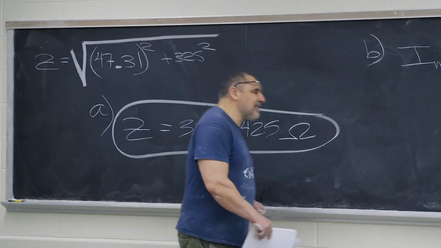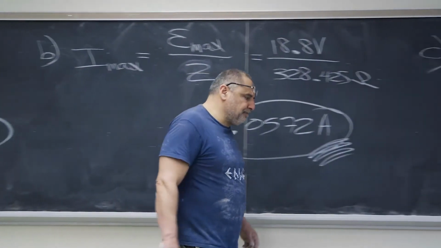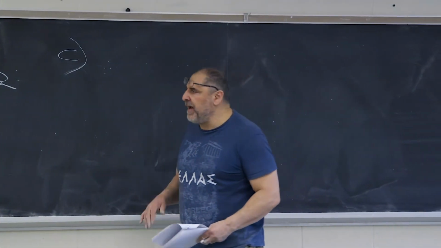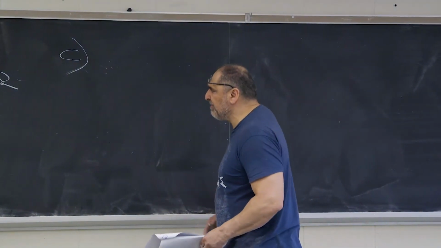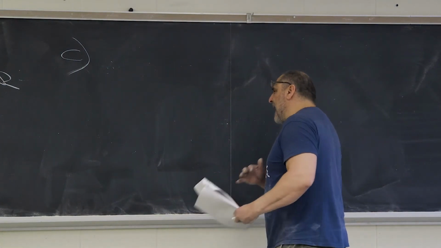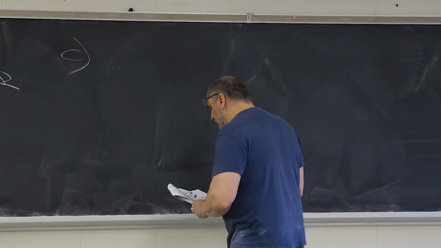The resistance's EMF is in phase with the generator's EMF, but the current I is out of phase with that. By how much?